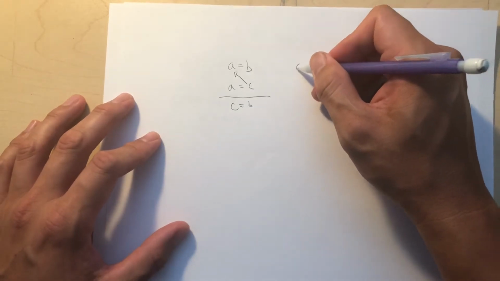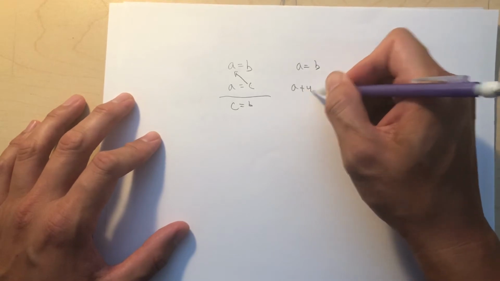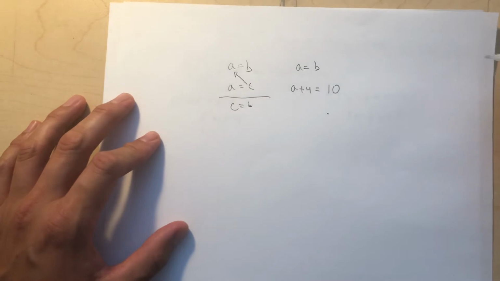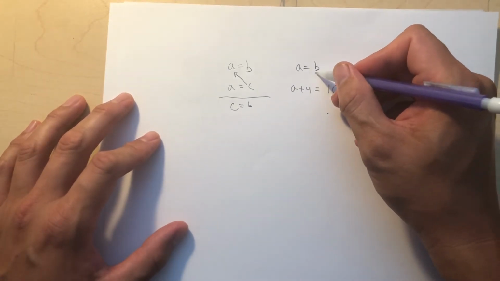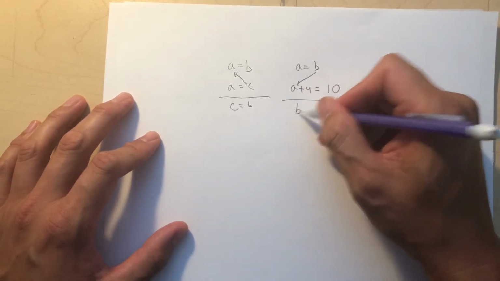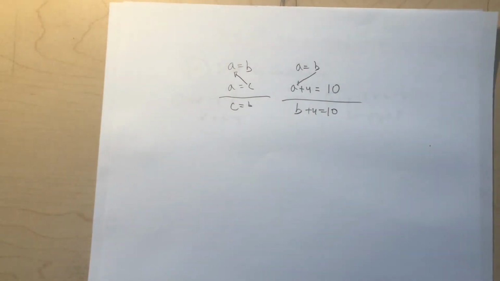For example, if A is equal to B, and then A plus 4 is equal to, I don't know, 10, then why can't you just say, oh, you know what, I can put a B in here? Can I also say B plus 4 is also equal to 10? So something like that, okay?